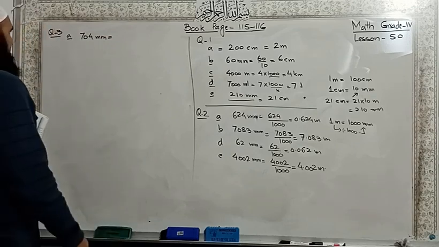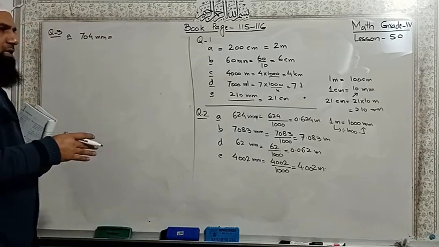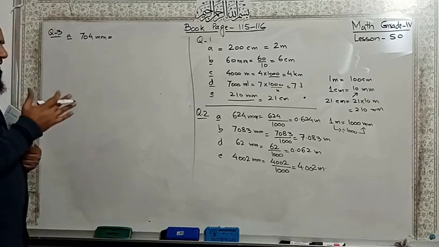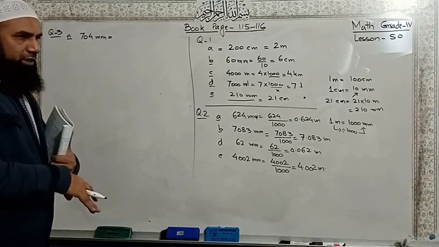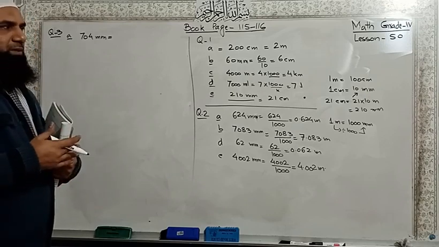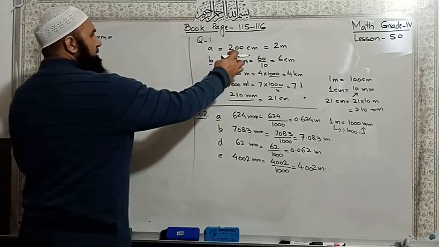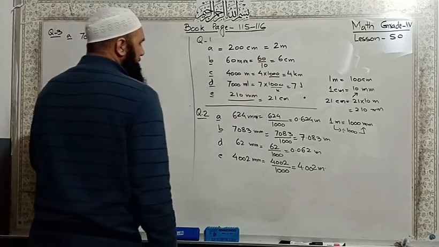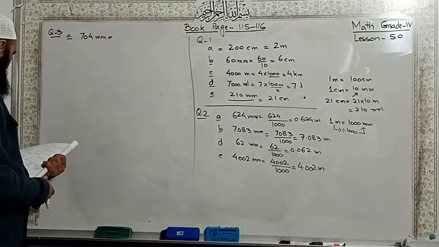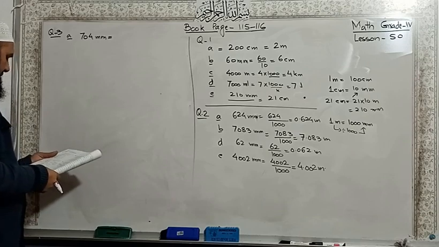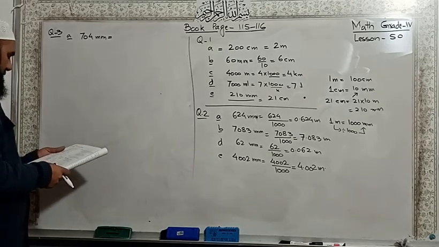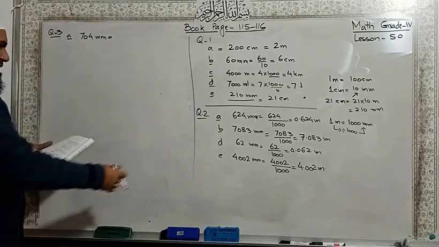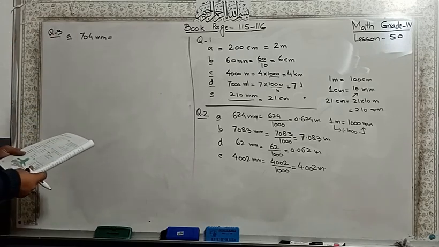Write in centimeters. Millimeter is small and centimeter is bigger. For making smaller unit into bigger unit, here we divide, and for making these lengths in centimeters, we will divide them, as we have done in question number 2.